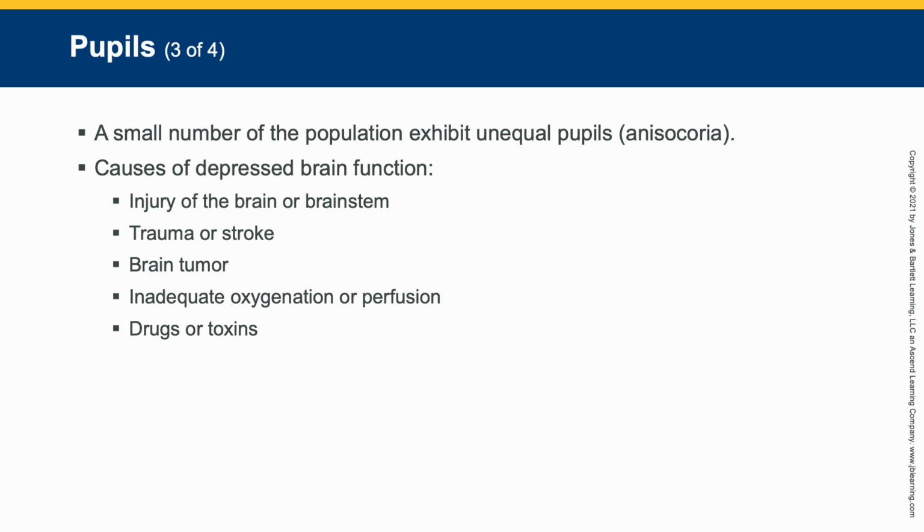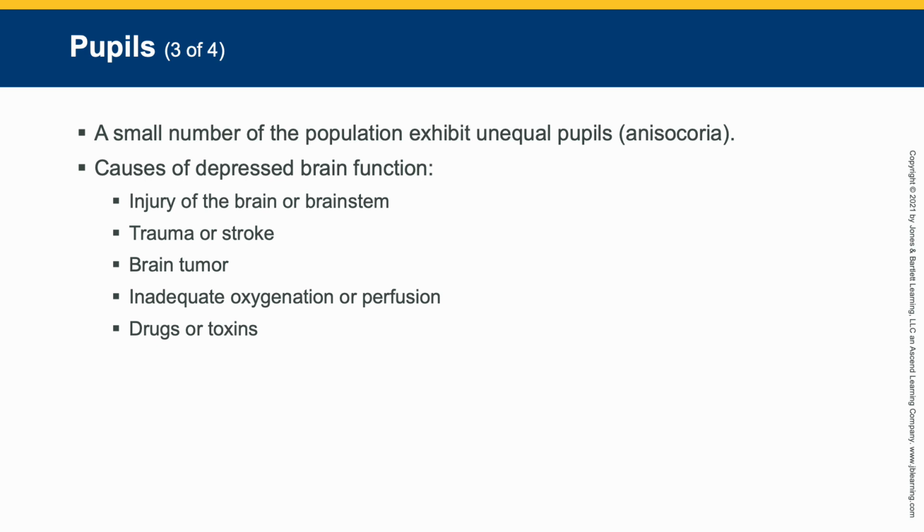Now, when the pupils show abnormalities, it's often a sign of depressed brain function. This could be due to head trauma causing brain swelling or bleeding, stroke, especially if one side of the body or face is also affected, maybe hypoxia or poor perfusion of the brain, overdose or poisoning, especially if it's a CNS depressant.